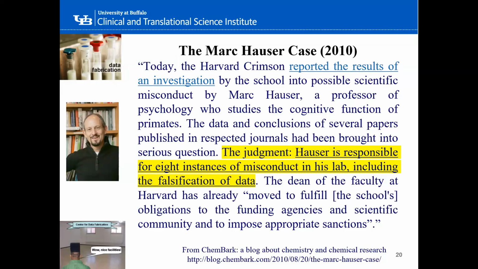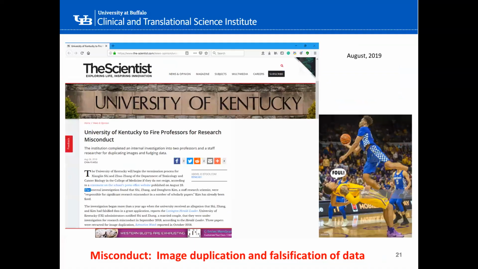And it turned out Hauser was found to be responsible for 8 instances of misconduct in his lab, including falsification of data. And this was reported to his department chair, the dean of the School of Medicine, and they took action against him. And I believe he had his research grants withdrawn. And I think he may have also lost his faculty position.